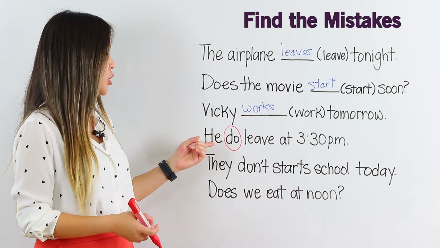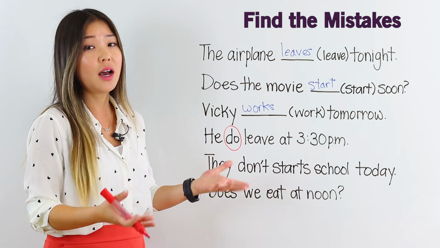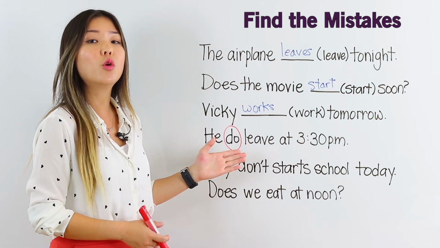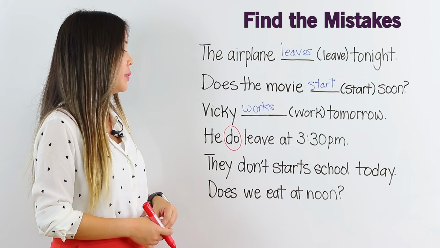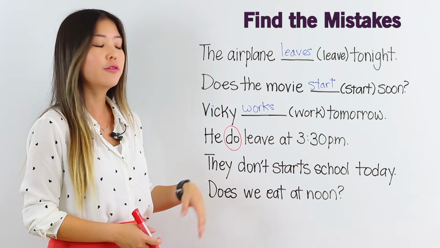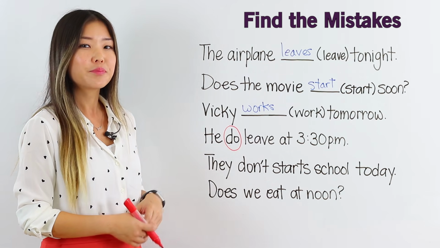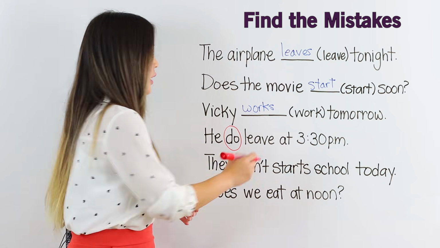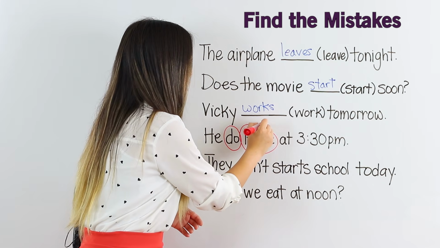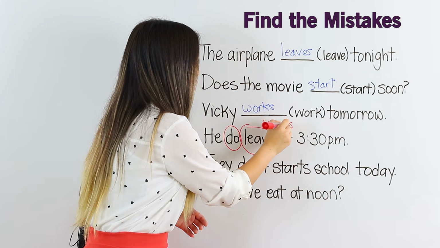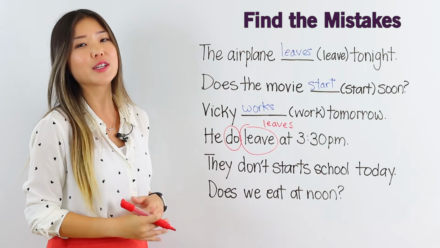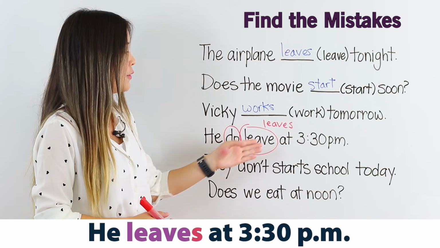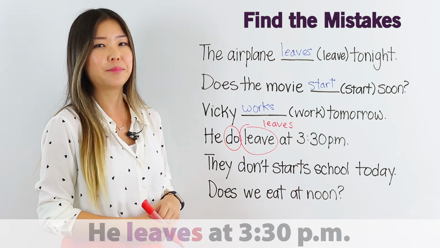But also the subject is he, so we would use does. Either way, we don't need this here. Well, now we have the verb leave with the subject he. Do you know what to do? We simply change this to leaves, just like we did in the first sentence. He leaves at 3:30 p.m.